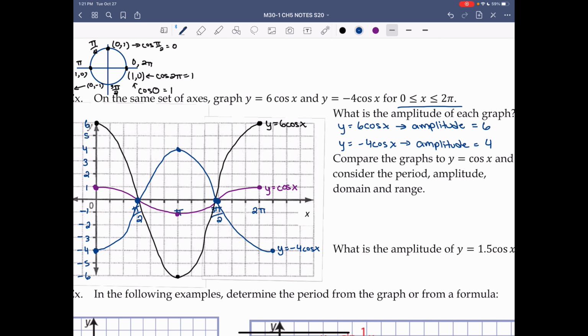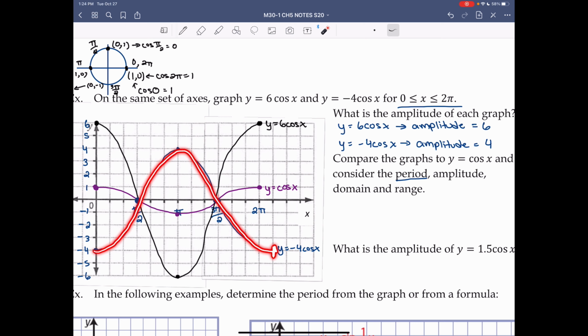Compare the graphs to y equals cos x and consider the period, amplitude, domain, and range. The period, they all have a period of 2 pi. Cos does 1 full cycle and then would start again heading down after 2 pi. 6 cos x also does 1 full cycle and then after 2 pi, it would start heading down and repeating, and negative 4 cos x does 1 full cycle from minimum to minimum.